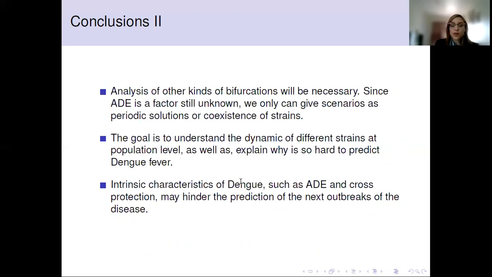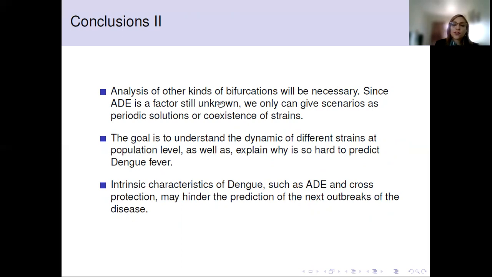Our results are mathematical results, but we can also give a lot of scenarios for dengue fever.